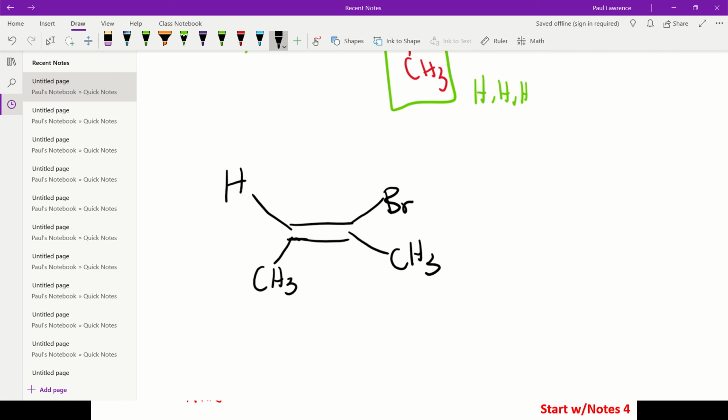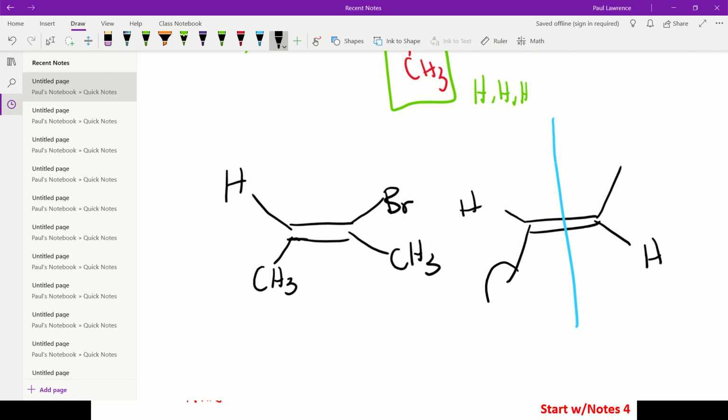Well, remember, how do we figure out if this was cis or trans? We drew a line through the double bond. We see that there's a hydrogen and a hydrogen. Okay? And then we circle the largest group on each half. So that's the larger group and that's the larger group.